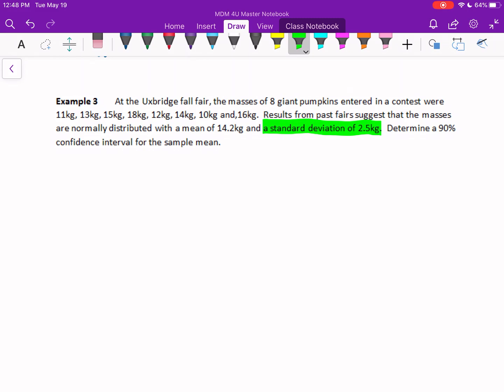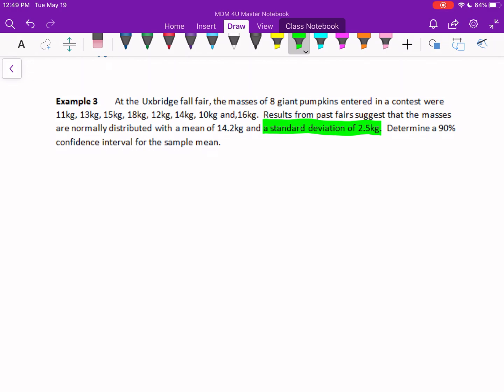Results from past fairs suggest that the masses are normally distributed, that's important, with a mean of 14.2 kilograms and a standard deviation of 2.5 kilograms. Determine a 90% confidence interval for the sample mean.